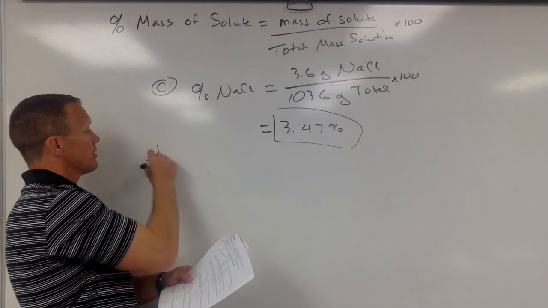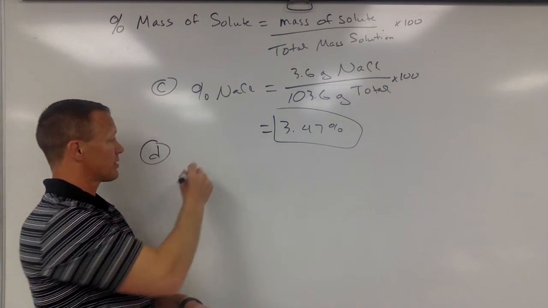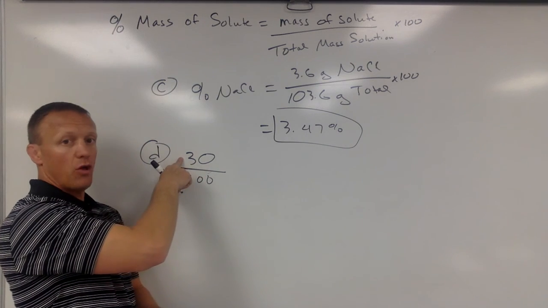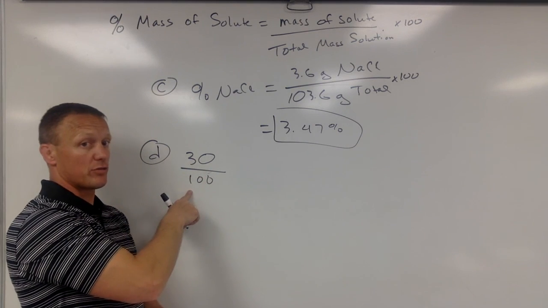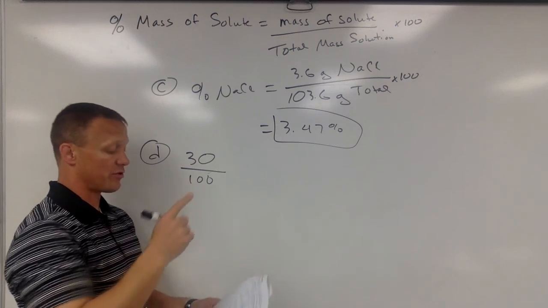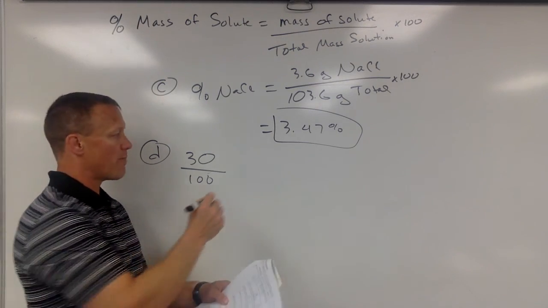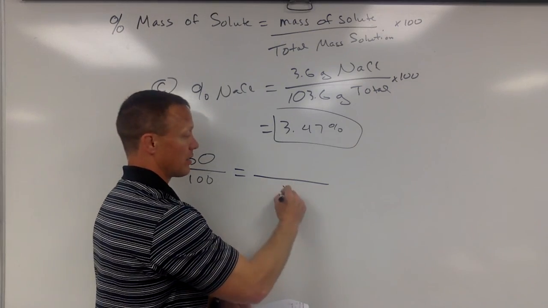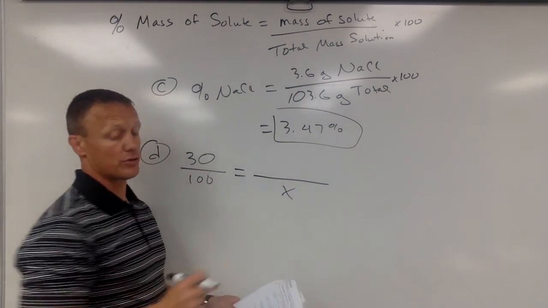Letter D, again, it's giving me a percent, so I'm going to say that's 30 out of 100, which means I have 30 grams of salt per 100 grams of solution, or 30 grams of salt with 70 grams of water. It wants to know what mass of solution. So it's asking me for grams of solution, so that's going to be the bottom. Again, the bottom is the solution.